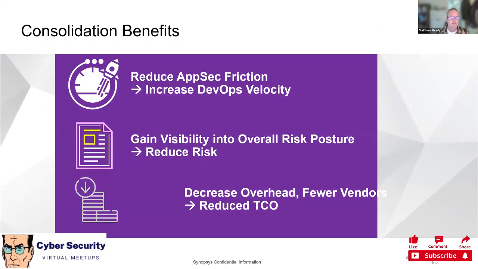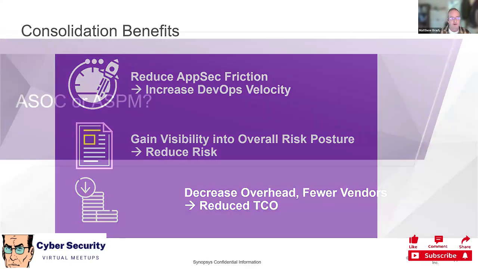Well, obviously, people want to move faster, and so the consolidation will increase your velocity by reducing friction. It also gives you that overall risk posture on applications and other areas and reduces risk, allowing you to work out where you've got your critical areas for focus. And it clearly gives you decreased costs because you can, if you want to, reduce the number of vendors and you can reduce the overhead.